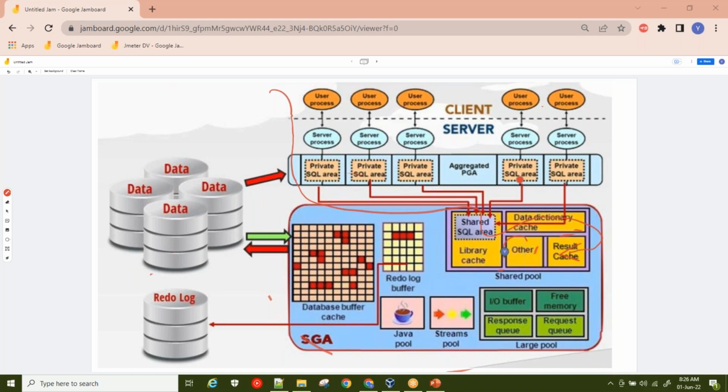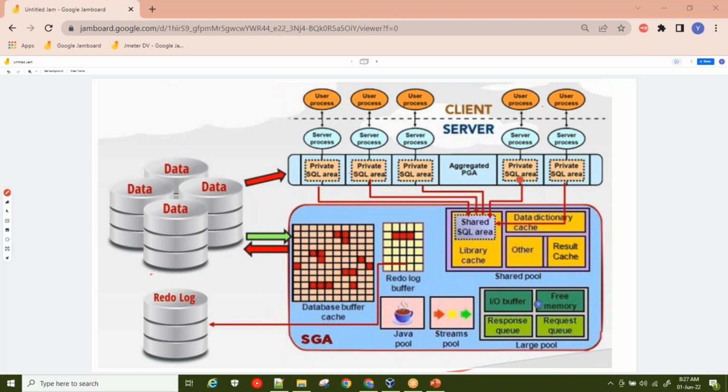The other caches inside this are little advanced concepts, so we don't need to see that as a performance engineer. As a DBA, you might have to learn more on that, but this is not that much required, because we don't have that much control over it. It's controlled totally by Oracle. So here we are focusing on those components where we have good control over, in the configuration or those details where we can control well.